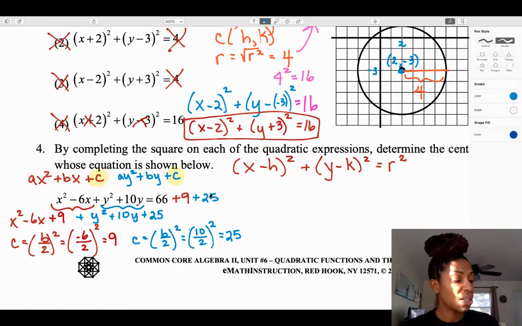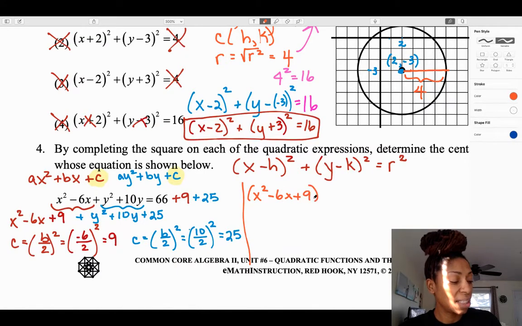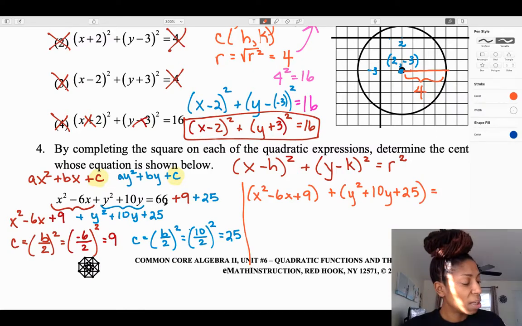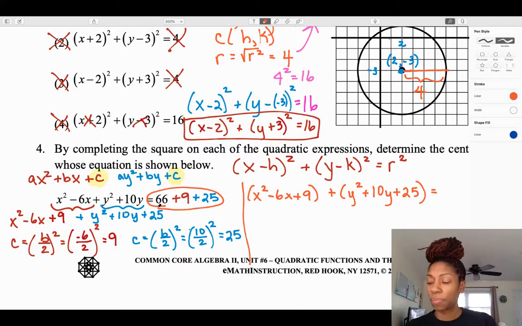All right. So let's rewrite this equation now that we have it as perfect square trinomials. We have x squared minus 6x plus 9 plus y squared plus 10y plus 25 equals, let's add all this up, 66 plus 9 plus 25 is 100.